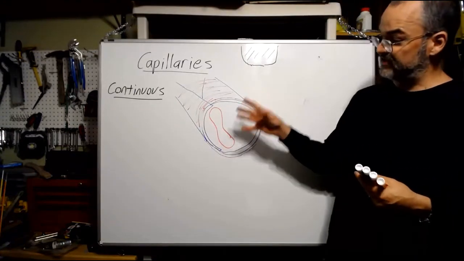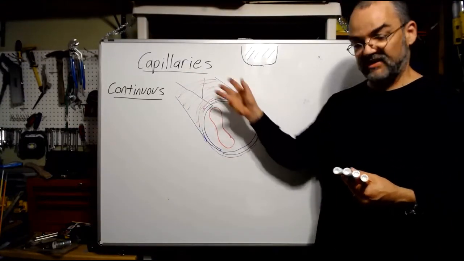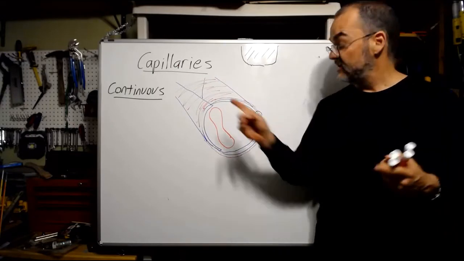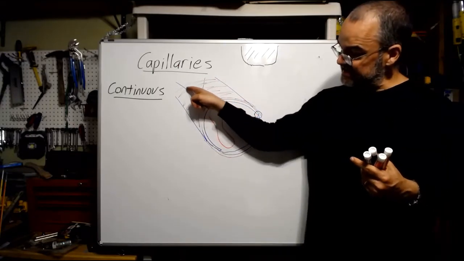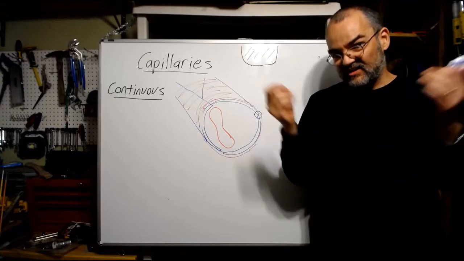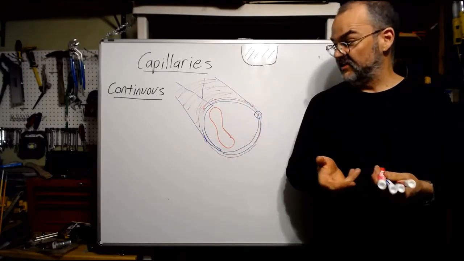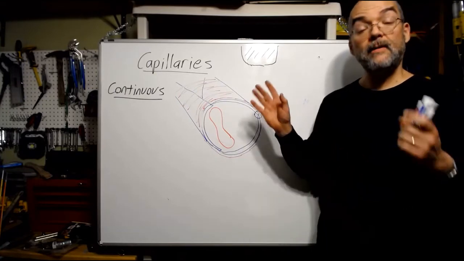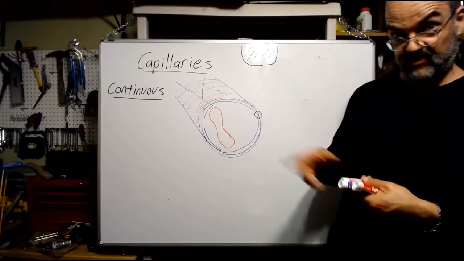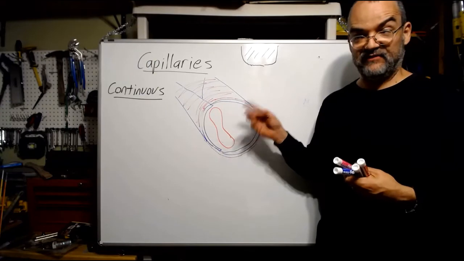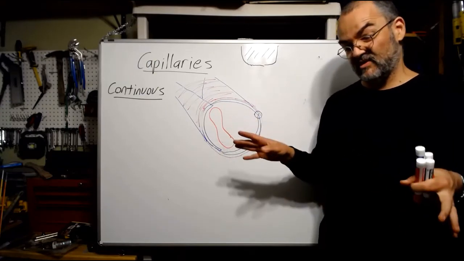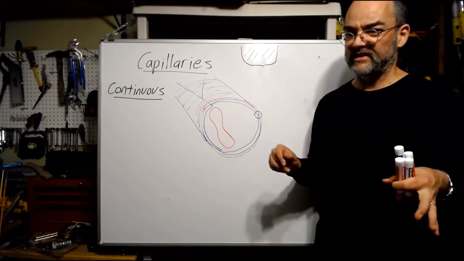They're called continuous because there's no gap in the wall. It's just endothelial cells. They have that leaky junction, so water and ions can squeeze in and out, but everything else has to go through the cells if it's going to pass. So that's why they're called continuous. Most of your capillaries are continuous capillaries. If you're not sure whether something is continuous or not, it probably is.